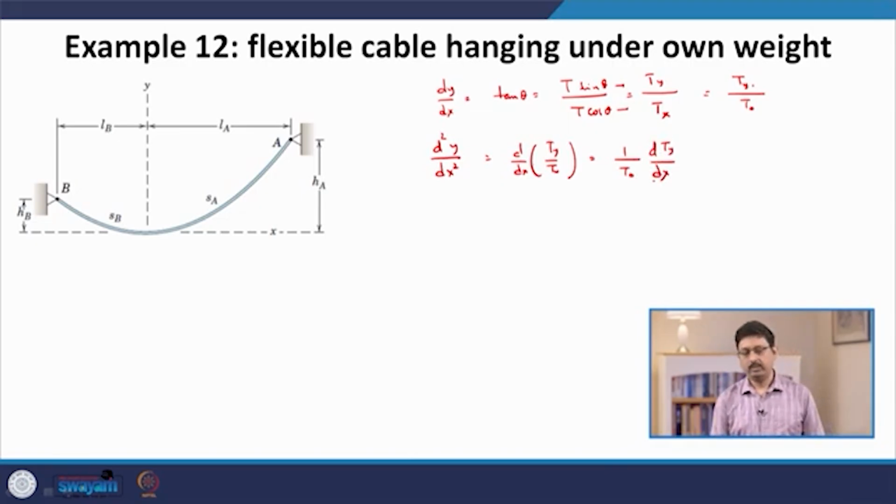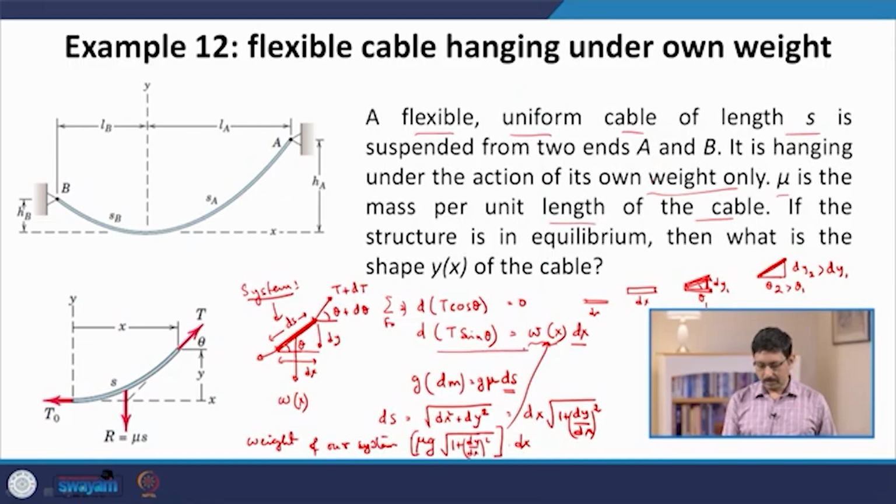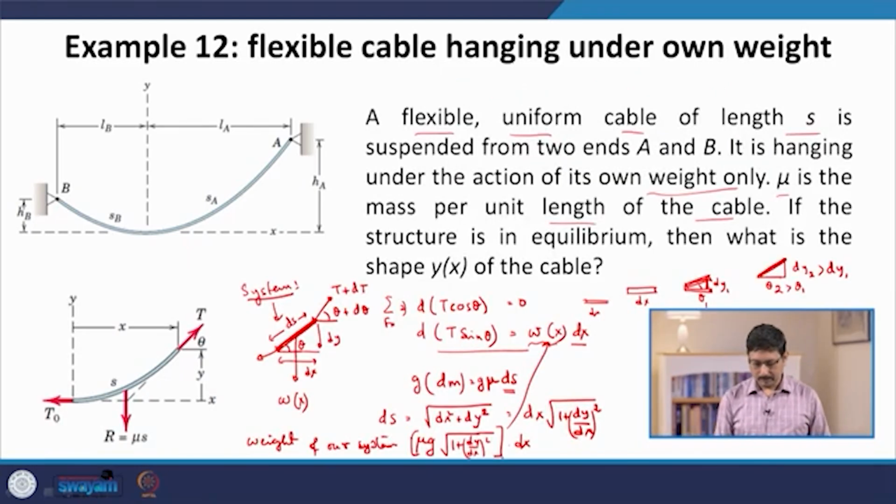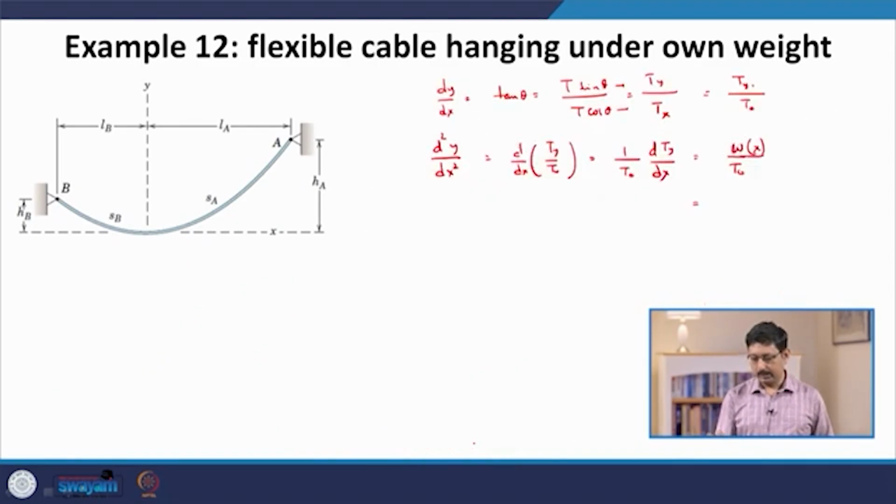Then we get the derivative of how the vertical component is changing with x, and this we have already calculated from this equation. It is given by 1 over T naught times this W, and in this particular case we just determined what W is. So, we get mu g divided by T naught times 1 plus (dy/dx) whole square.